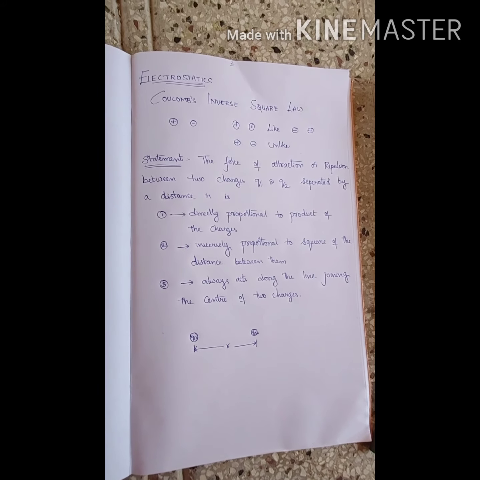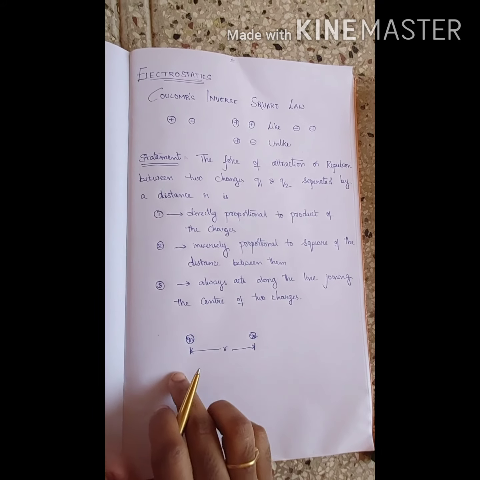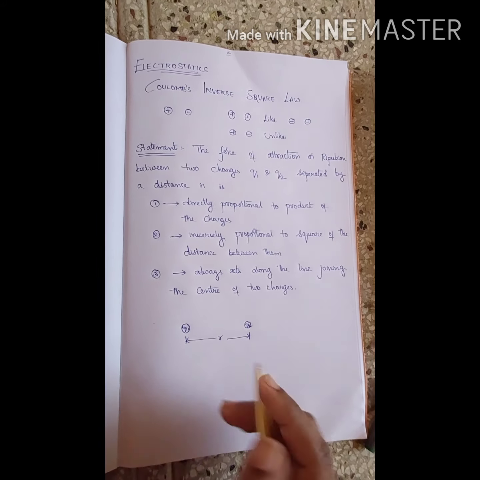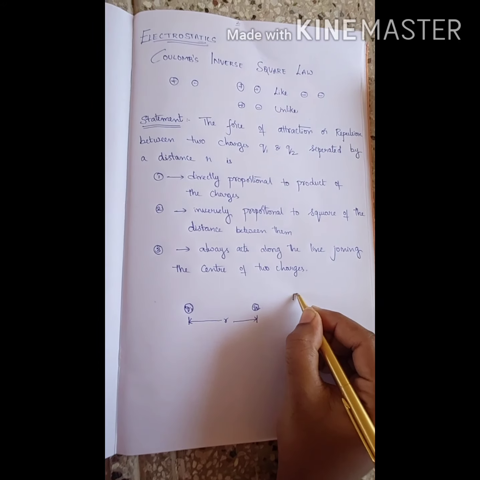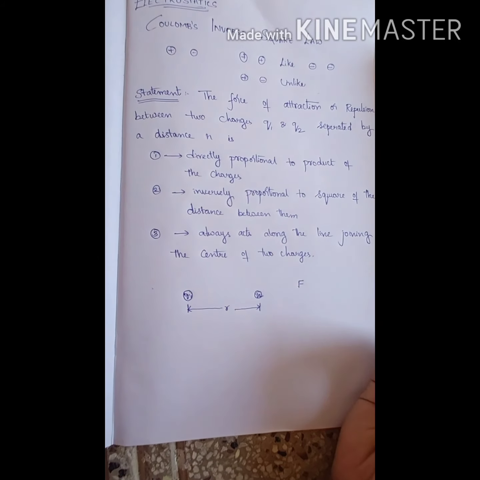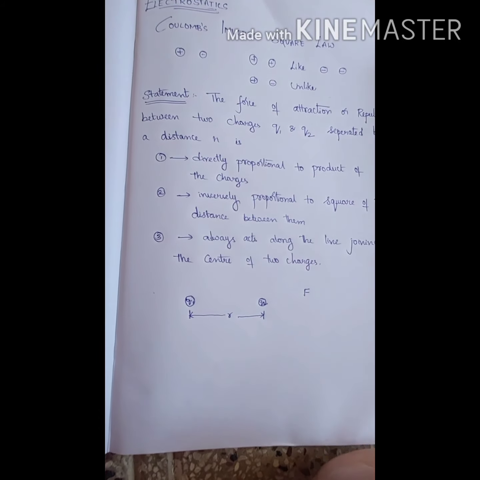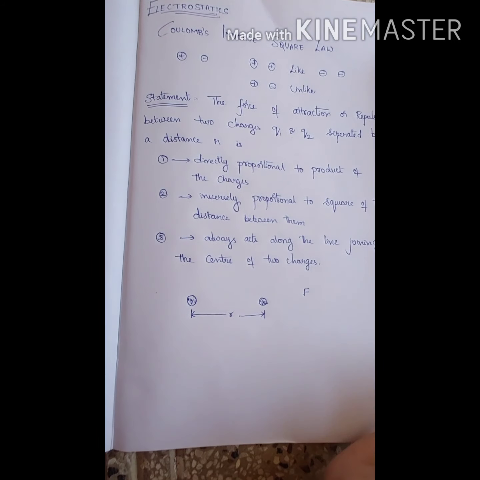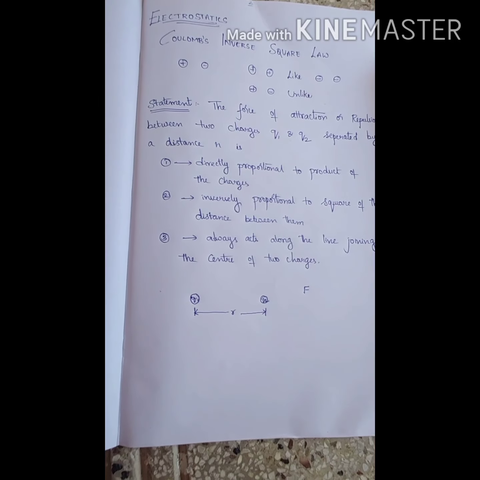When two charged spheres Q1 and Q2 are separated by a distance r, we get the force of attraction or repulsion. If you are taking like charges, we'll be talking only about the force of repulsion. If you are taking two unlike charges, then it is force of attraction.